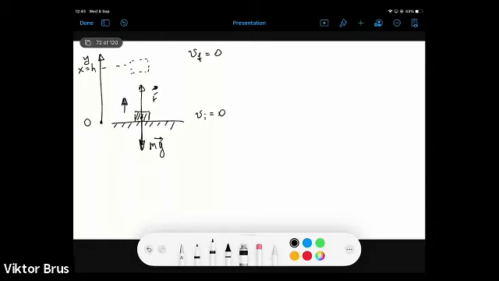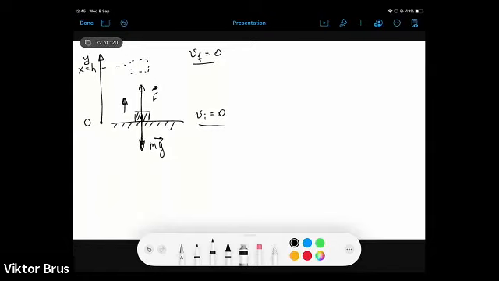And as a result, velocity didn't change because we have 0 initial velocity and 0 final velocity. However, definitely the conditions have changed. So obviously there should be some other form of energy, which is not kinetic energy.